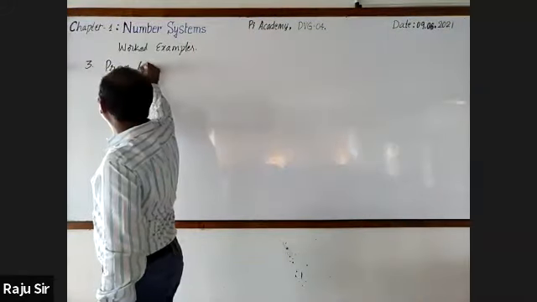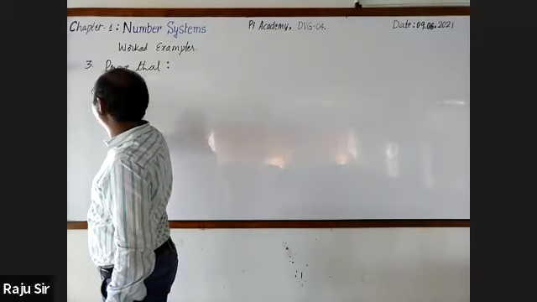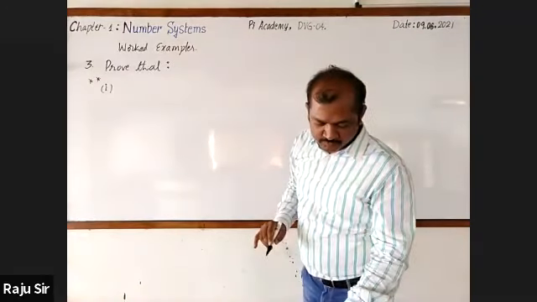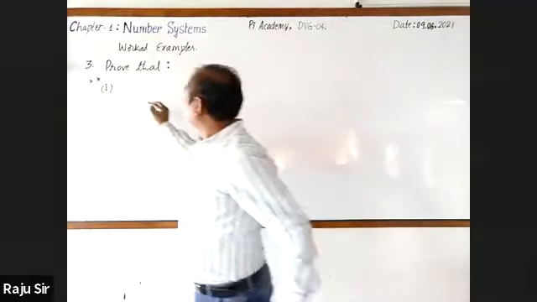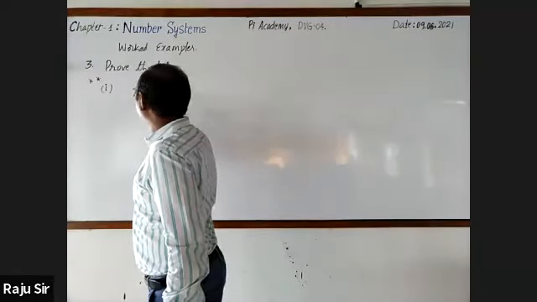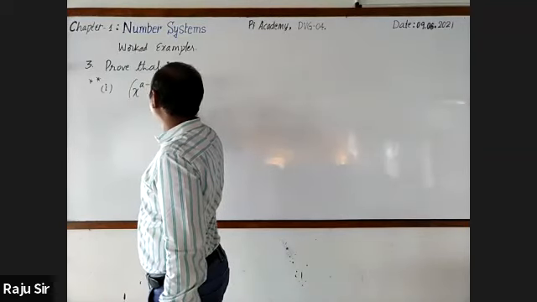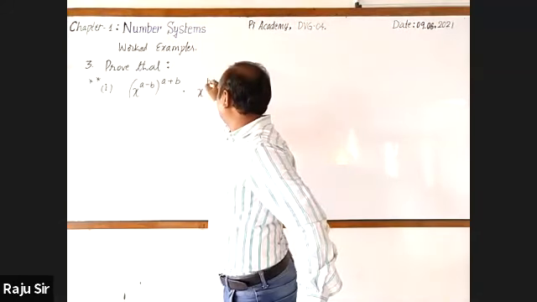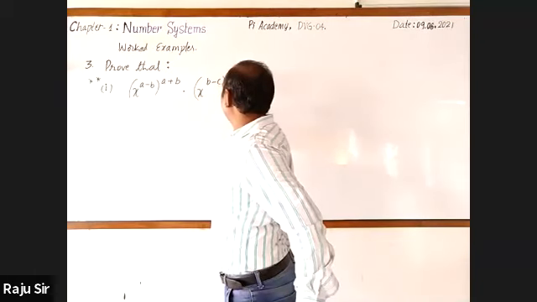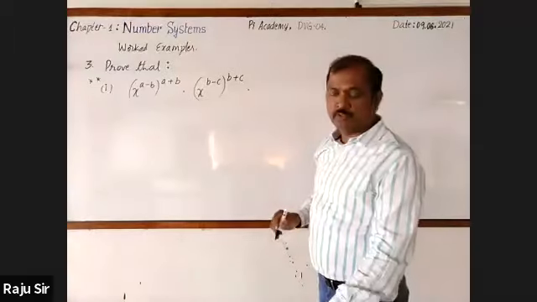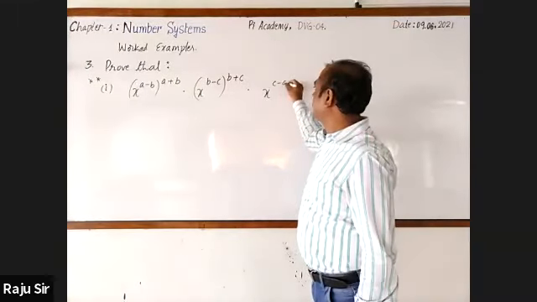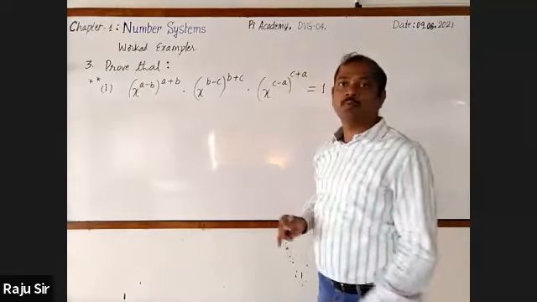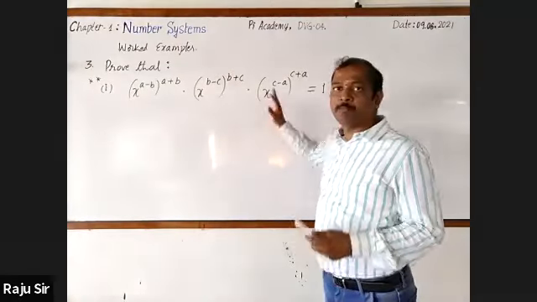Put double star, one mark. Prove that x raised to the power a minus b, whole raised to the power a plus b, into x raised to the power b minus c, whole raised to the power b plus c, into x raised to the power c minus a, whole raised to the power c plus a, is equal to 1. This is the statement to be proved. Very simple.